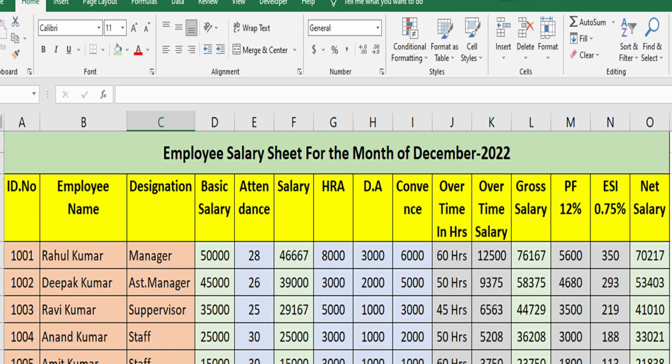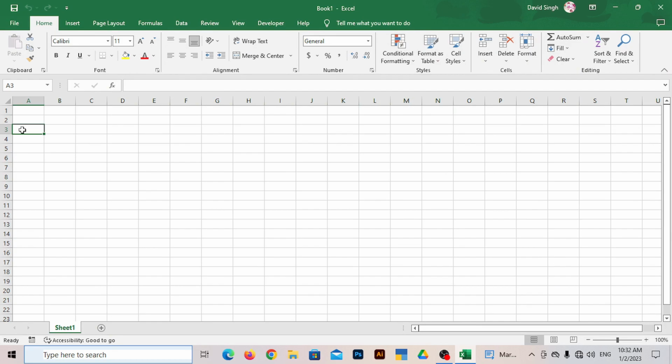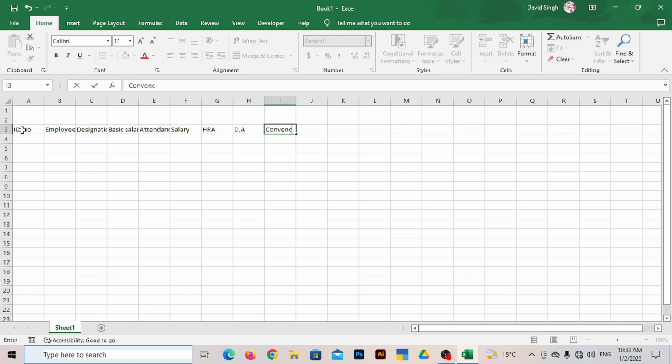I have started Excel. First, here we write some terms: ID number, employee name, designation, basic salary, attendance, salary, HRA, DA, conveyance, gross salary, PF, ESI, net salary.